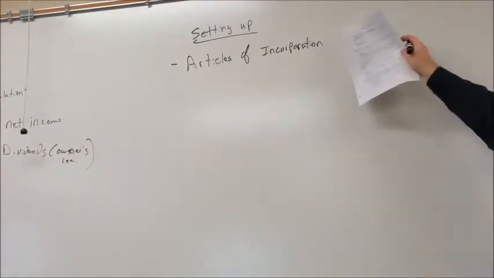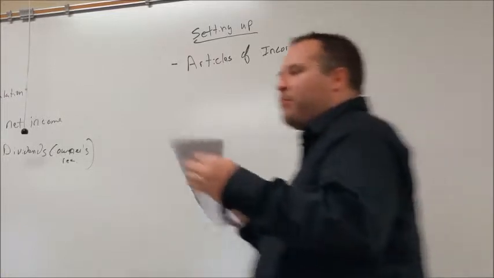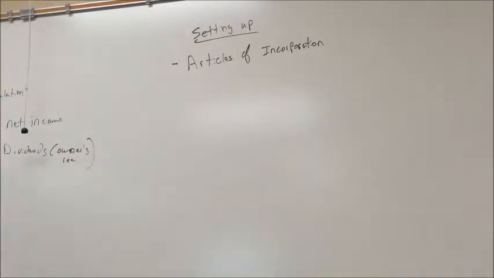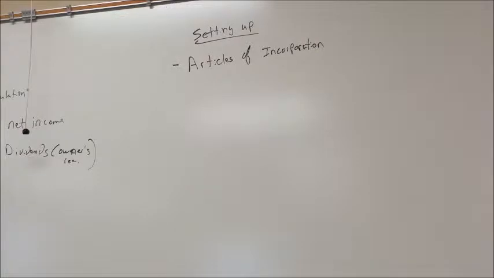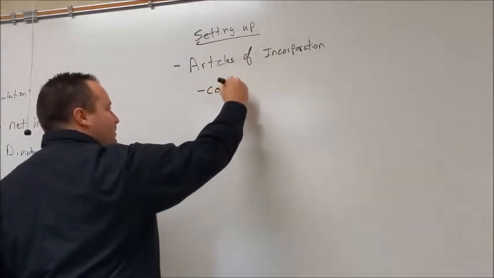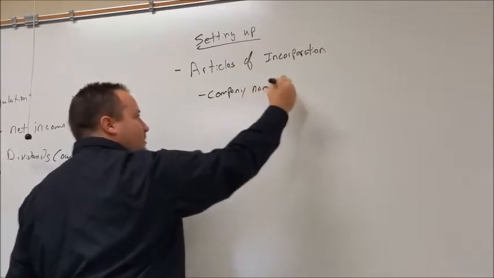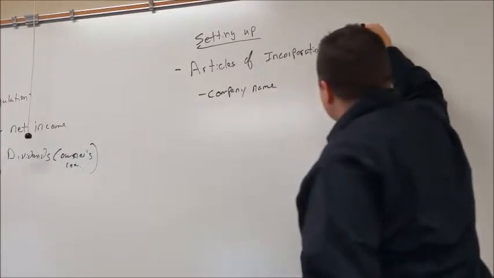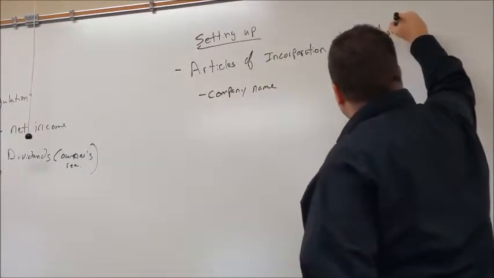These are a set of very broad guidelines on how your business is going to function. They're going to include some broad things like the company name. You have to file these with your home state.